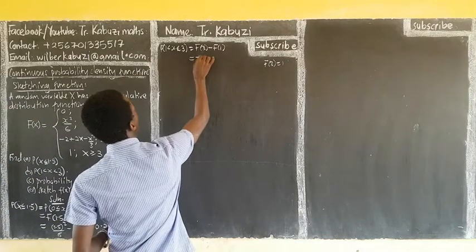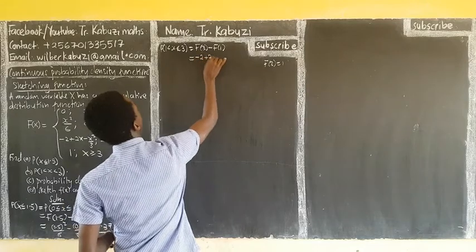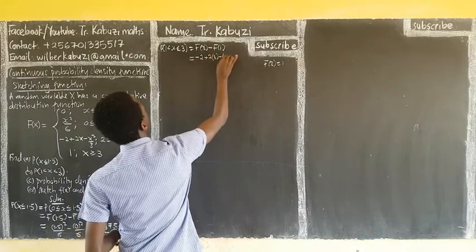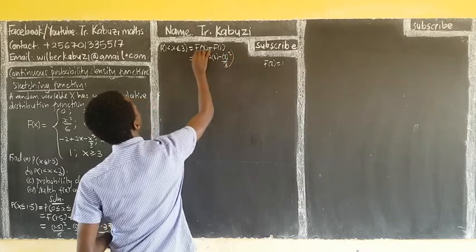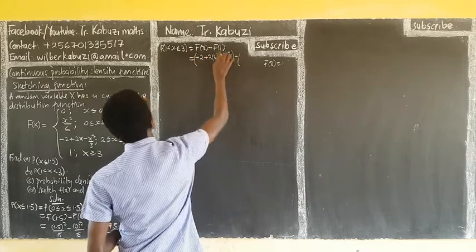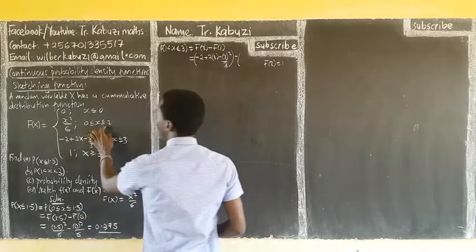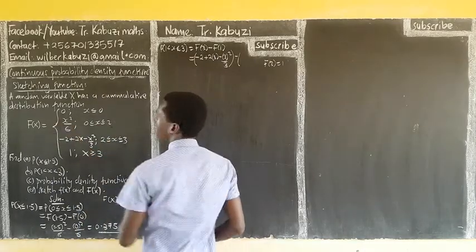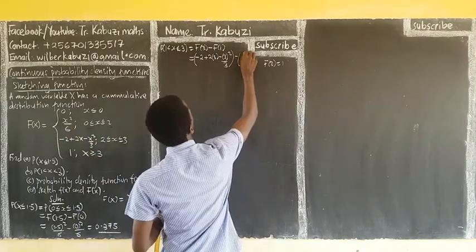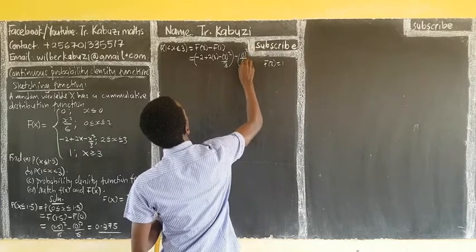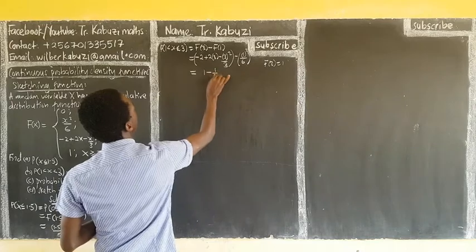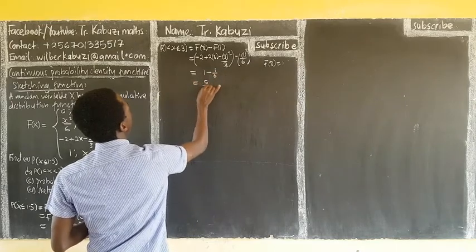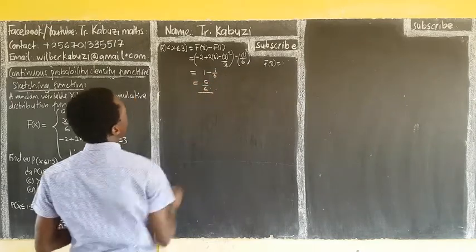So we get negative 2 plus 2 into 3, then minus 3 squared over 3. The whole of this is subtracted when we put the 1. Now for the 1 is in this interval, this is its capital F of x. So we have 1 squared over 6. Here you'll get 1 minus 1 over 6, which will be 5 over 6.